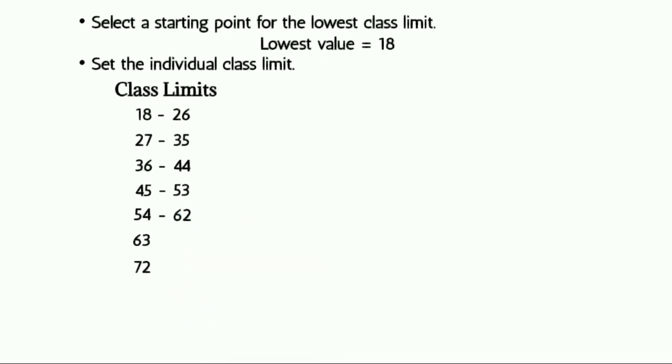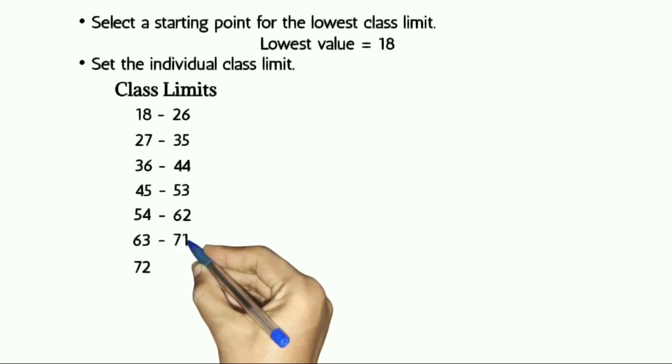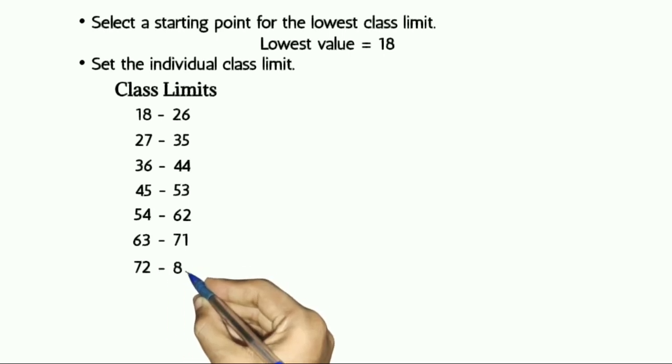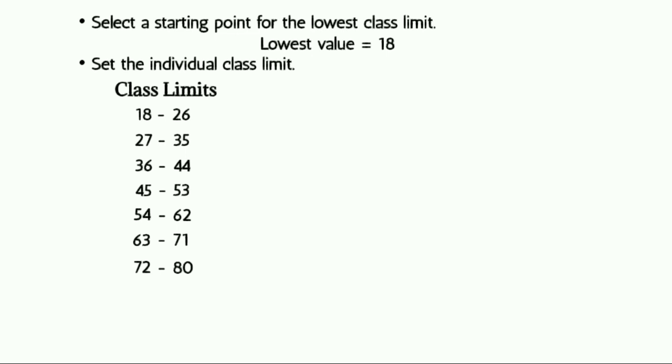For the sixth row, 72 minus 1, that is equal to 71. And for the seventh row, the upper class limit is 80. Supposedly, ang susunod na lower class limit sa 72 ay 81. 81 minus 1, that is equal to 80. So, the upper class limit sa 7th row ay 80.